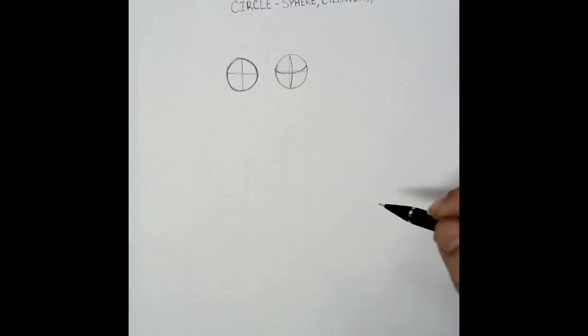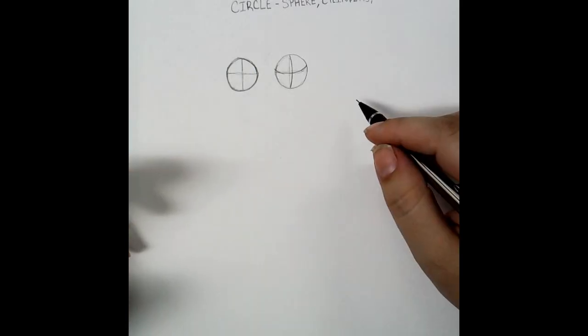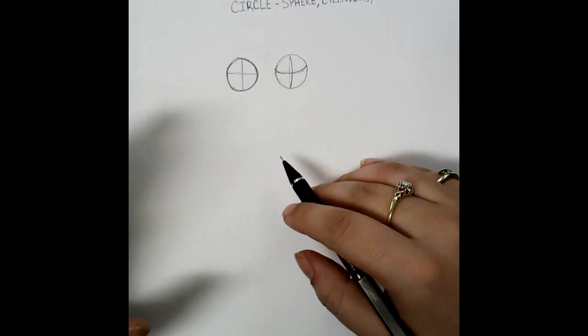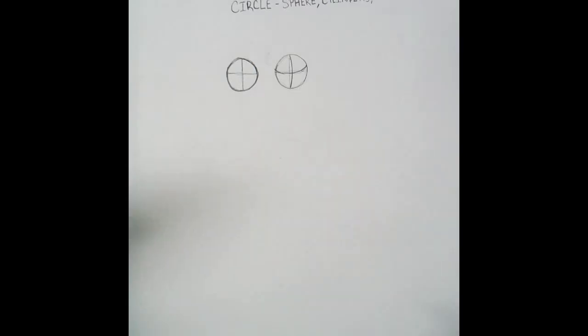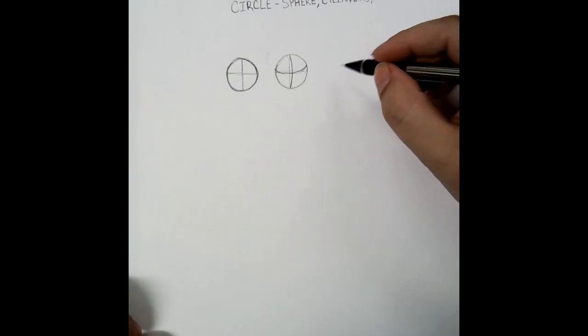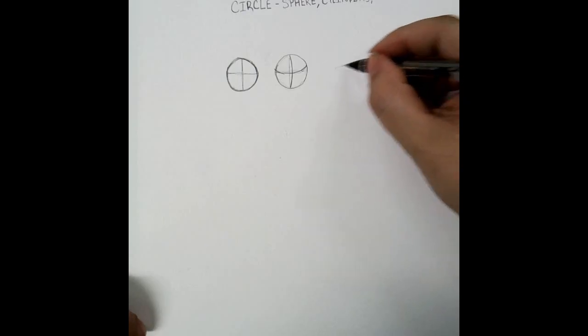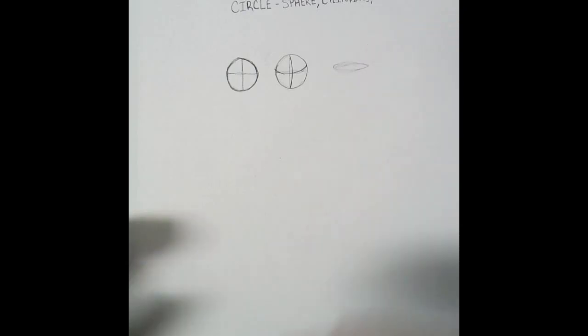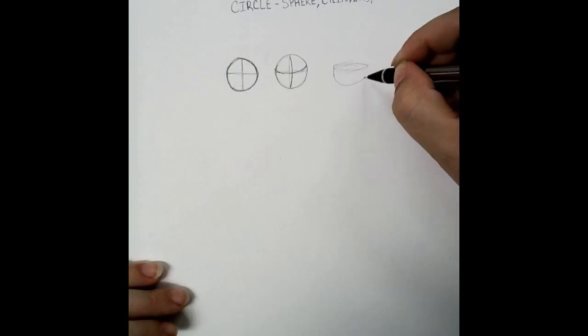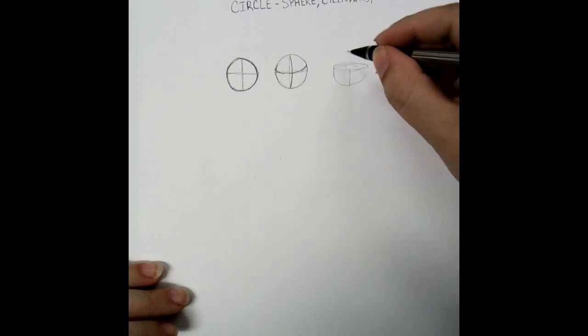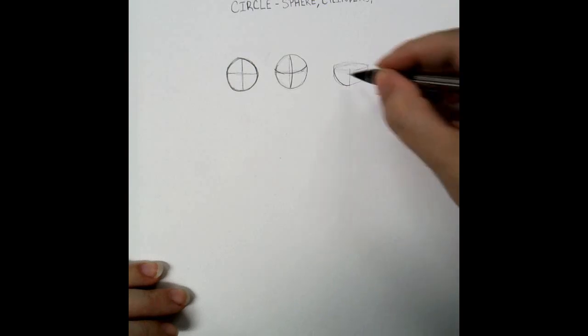I'm getting closer to a sphere. If I want to exaggerate this even further, one way to find your sphere and figure out how it sits in space is to draw your ellipses as though you would cut a ball in half. Let's get that a little more even.